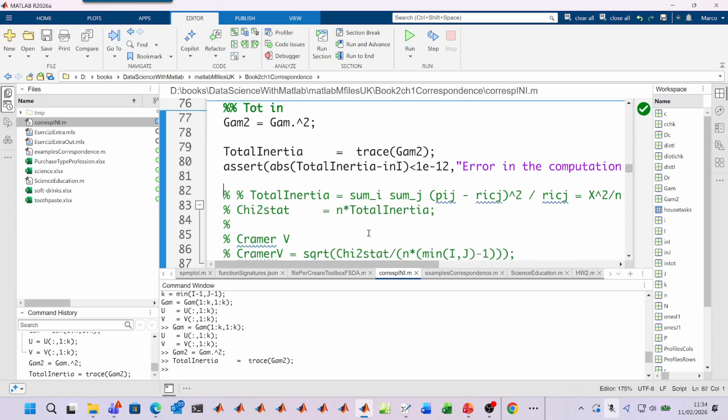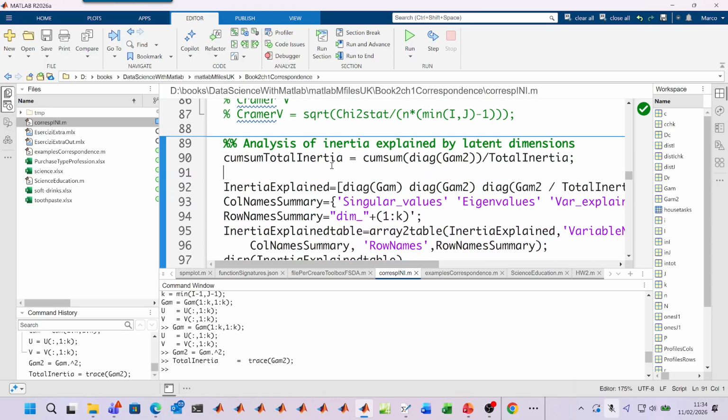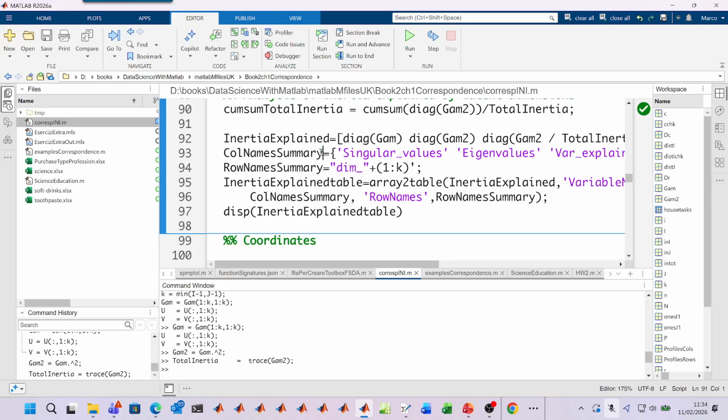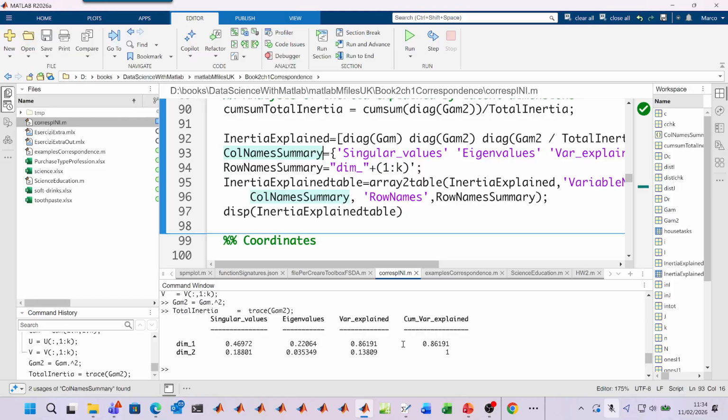Now, analysis of inertia explained, and then you want to have a table like this. So you want to have the singular values, the eigenvalues, which are the squared, therefore the variance explained, or the cumulative variance explained. Here the data lie in 2 dimensions. So the representation in 2 dimensions is exact.